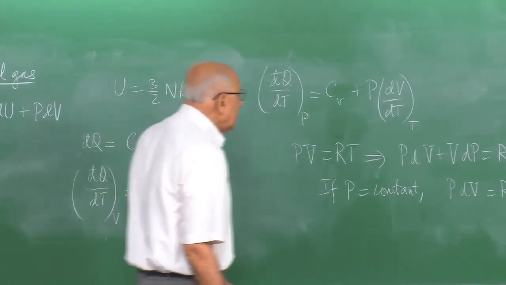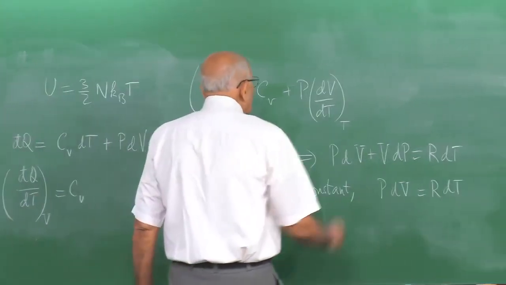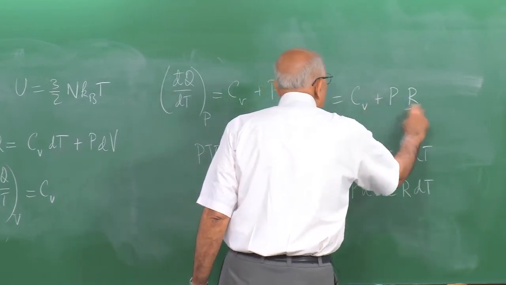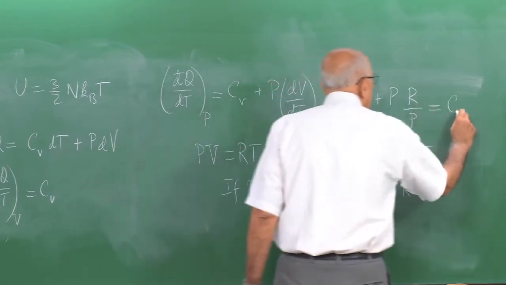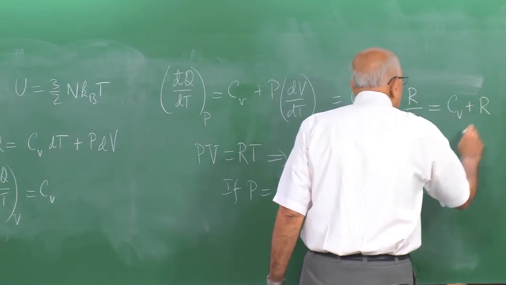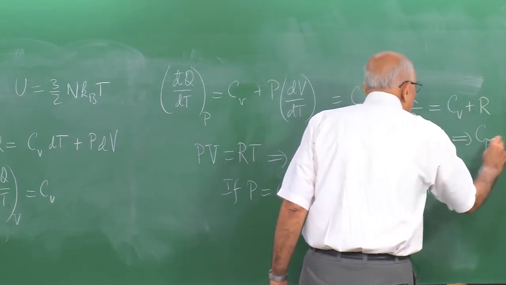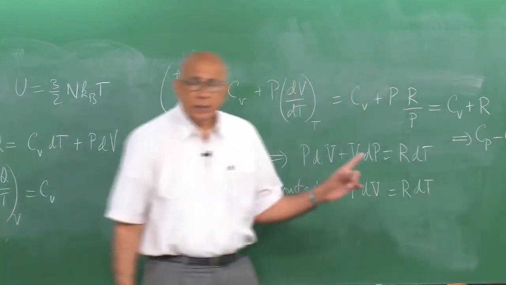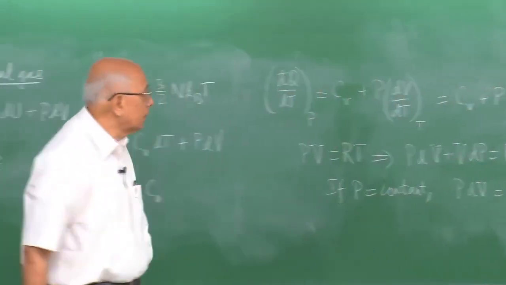So, dV over dT is R over P, or this gives you Cv plus P times R over P, which is Cv plus R, which implies that for an ideal gas Cp minus Cv equal to R, a relation which you are already familiar with. Okay.